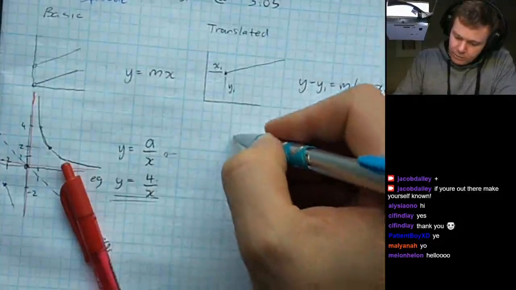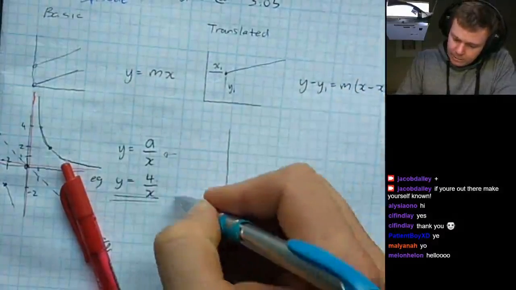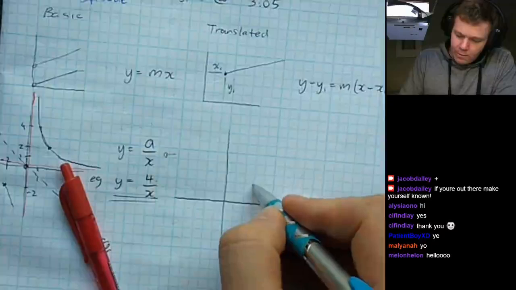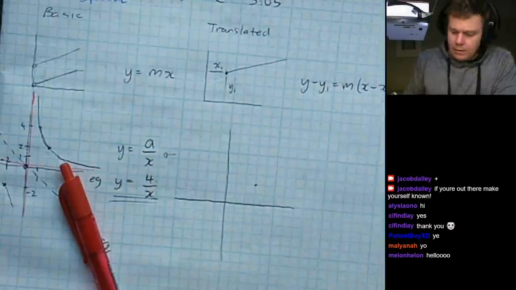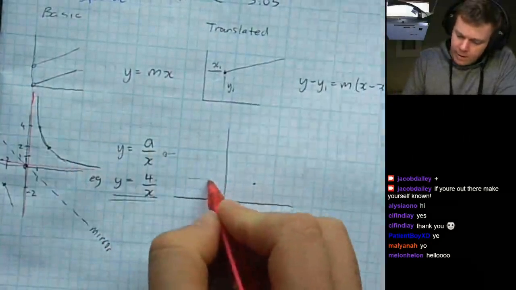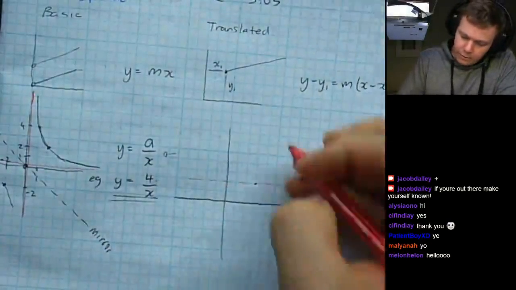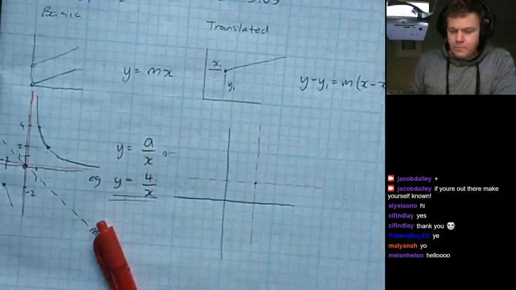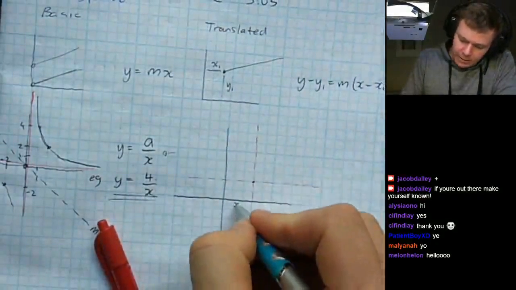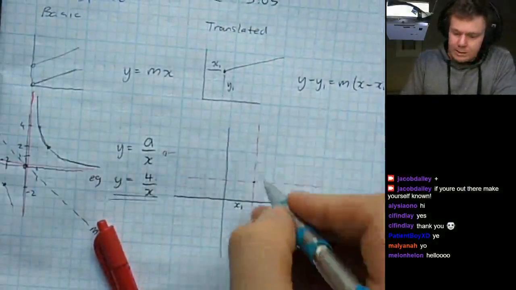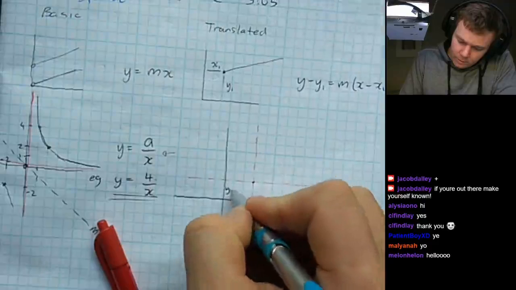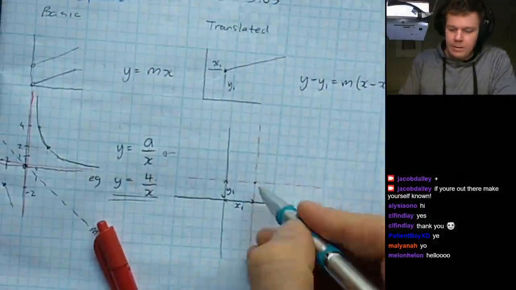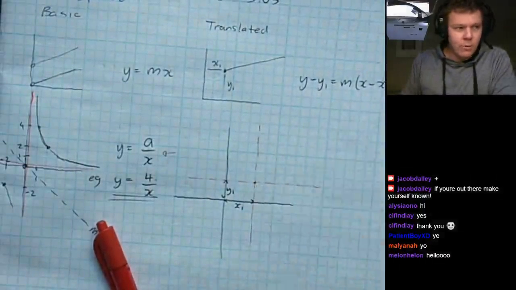If I draw up another translated one, and we wanted to translate the hyperbola axis to here, now our asymptotes are going to go like this. This is going to be x1 distance, and this will be y1 distance, giving us that x1, y1 coordinate.